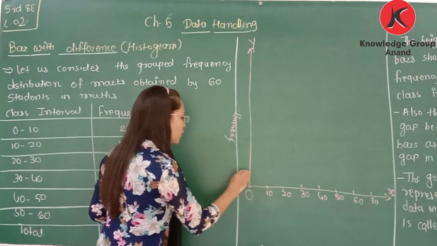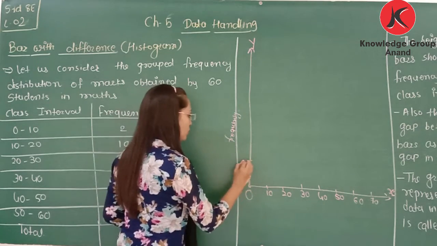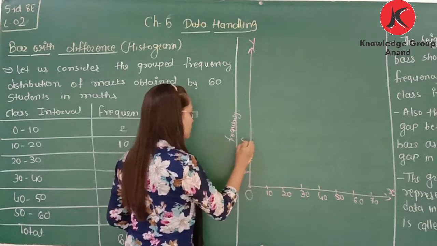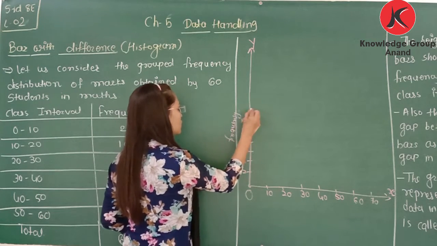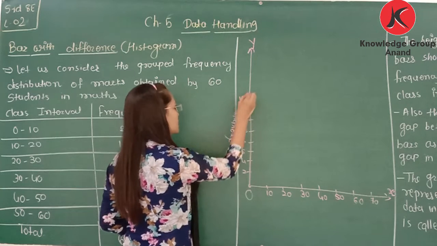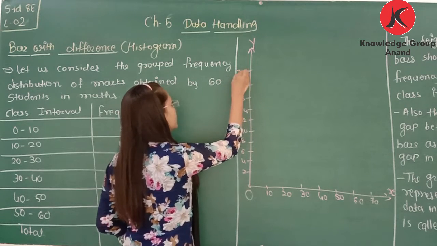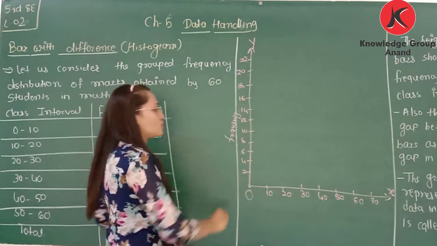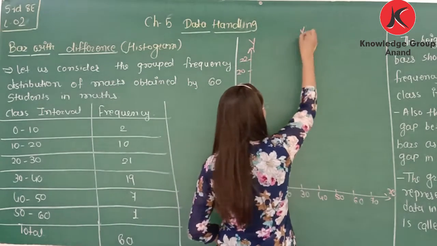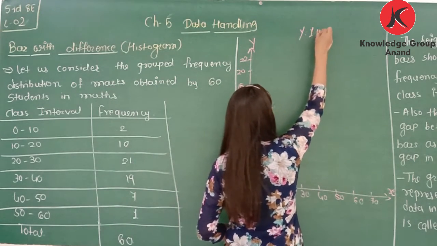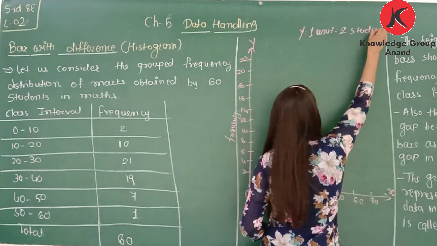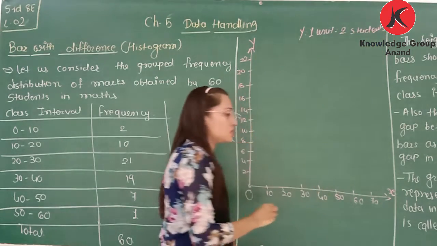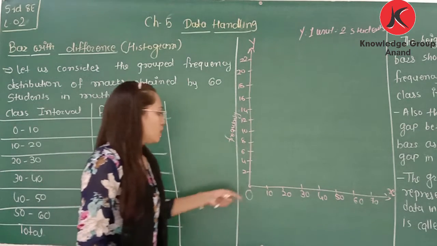So here we will make a group of 2, 4, 6, 8, 10, 12, 14, 16, 18, 20, 22. Here you write on the y-axis, 1 unit is equal to 2 students. Okay, you need to draw this on graph paper.